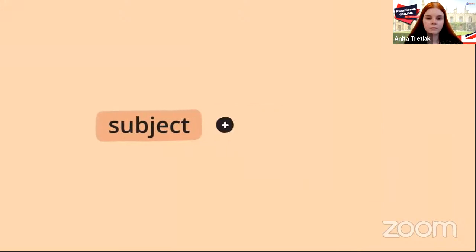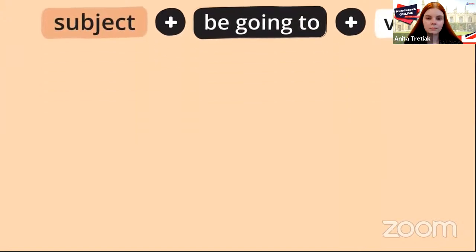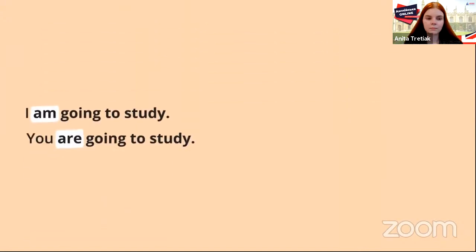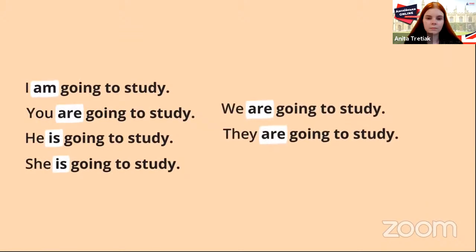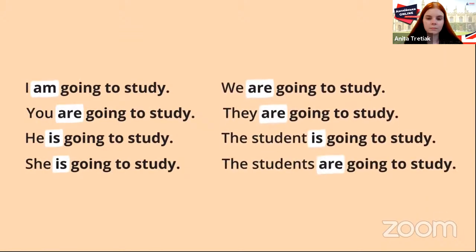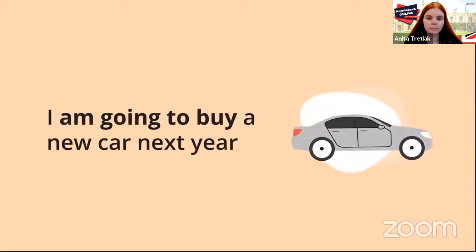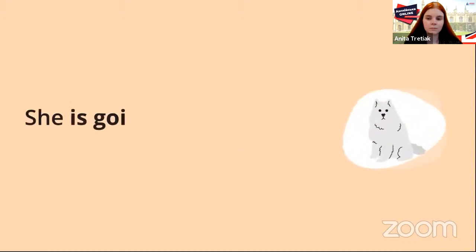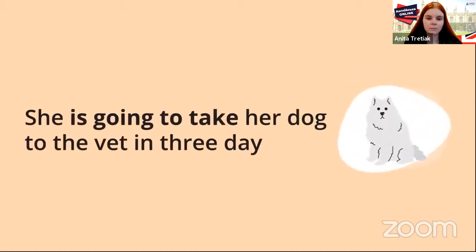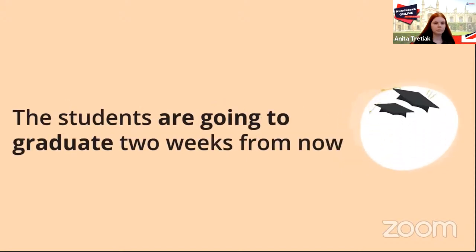The be verb changes forms depending on the subject. I am going to buy a new car next year. She is going to take her dog to the vet in 3 days. The students are going to graduate 2 weeks from now.